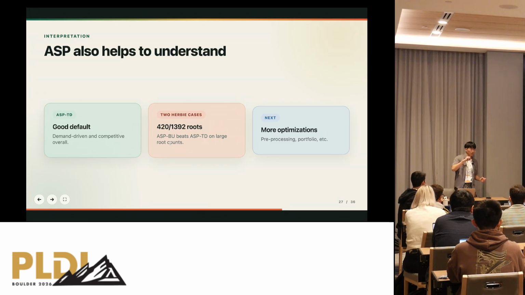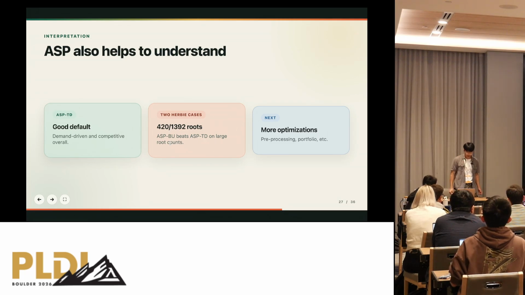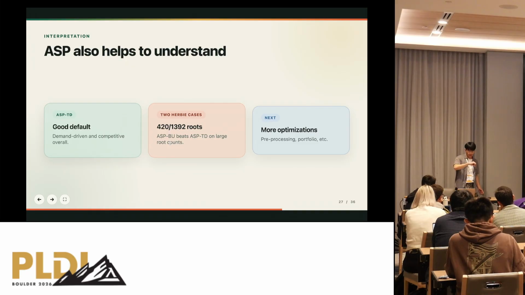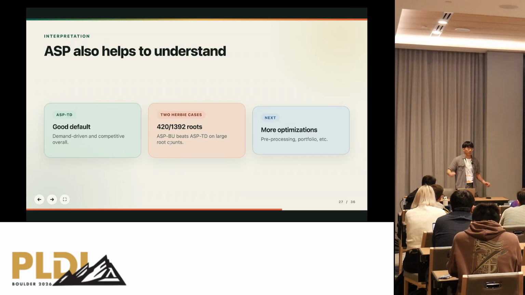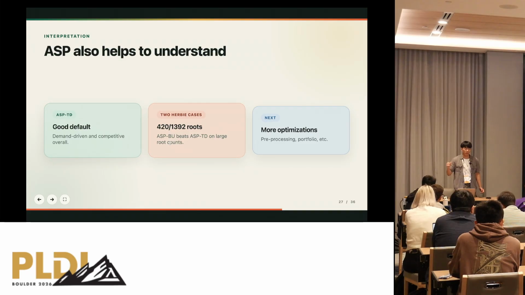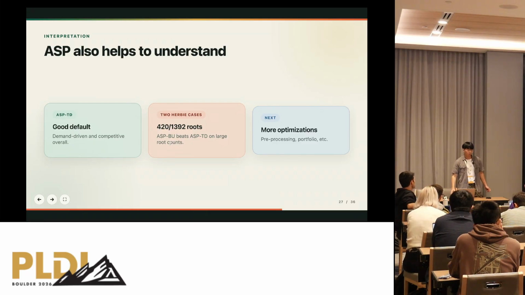When the number of roots is small, starting from the root, you can get a lot of benefit from the CDCL loop. But if there are a lot of roots, starting from the root is actually costly because there are so many roots. Starting from the bottom can potentially prune a lot of roots in that case. That's basically my personal understanding of why bottom-up can be better in certain cases.